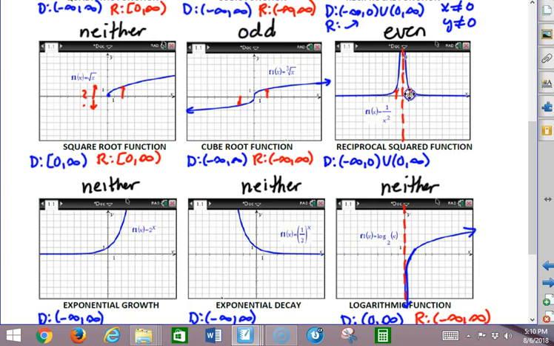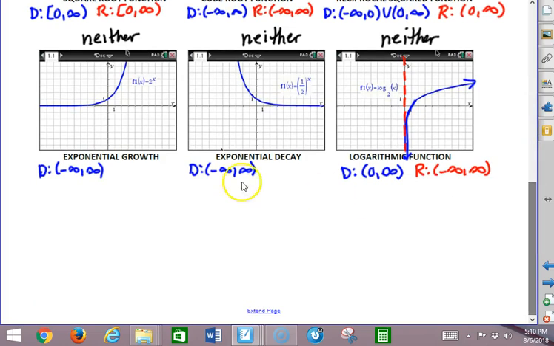This graph here has only positive values for y, but it also has an asymptote on the x-axis, so y can't equal 0, but y could be any positive number. So the range is 0 to infinity, but not including 0. The range for both the exponential growth and decay is also 0 to infinity because we have an asymptote here.